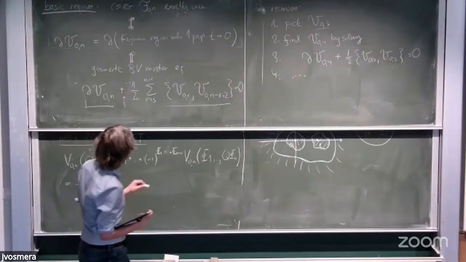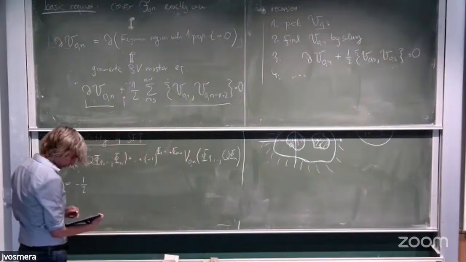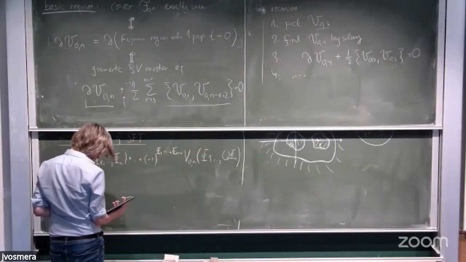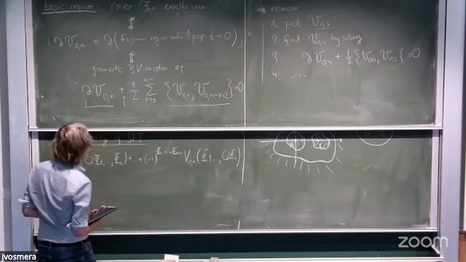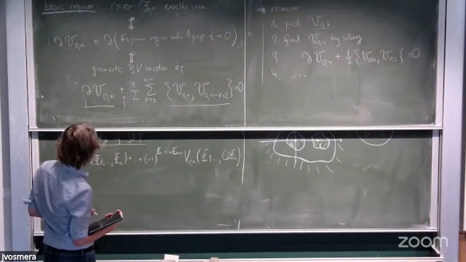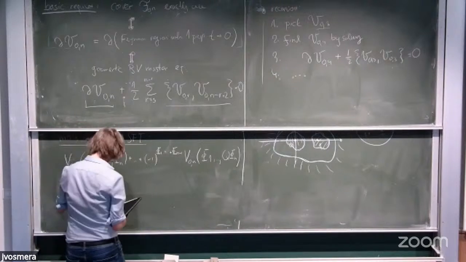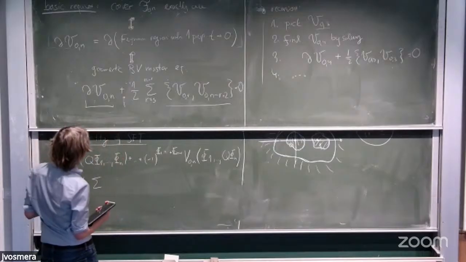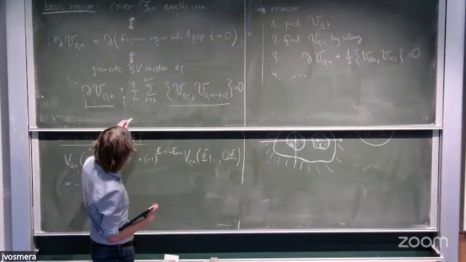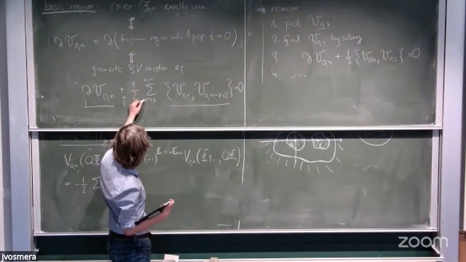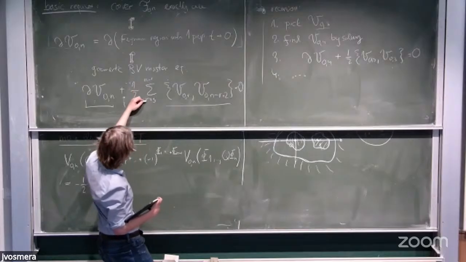So now we also have to represent the operation of sewing the surfaces through punctures, right? Perhaps I should have also explained the sum over R here.